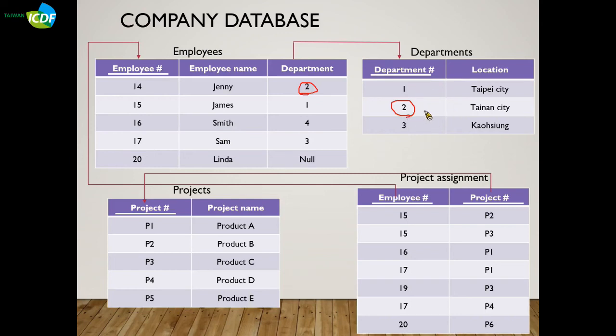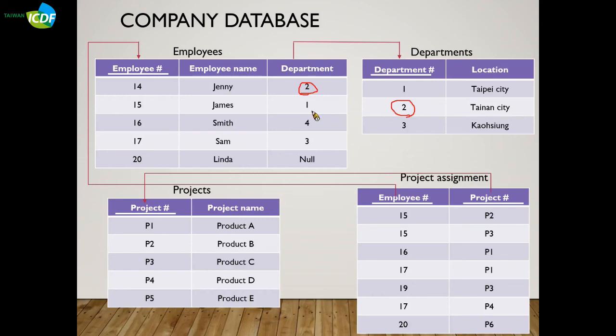By these referencing relationships, we can obtain the information about department 2. For example, this department is located in Tainan City.